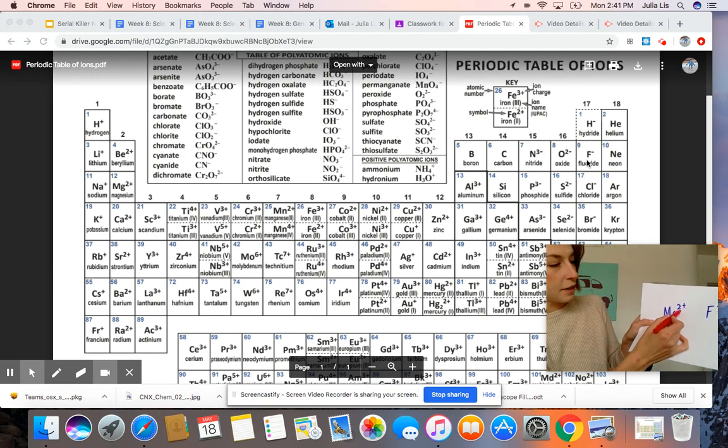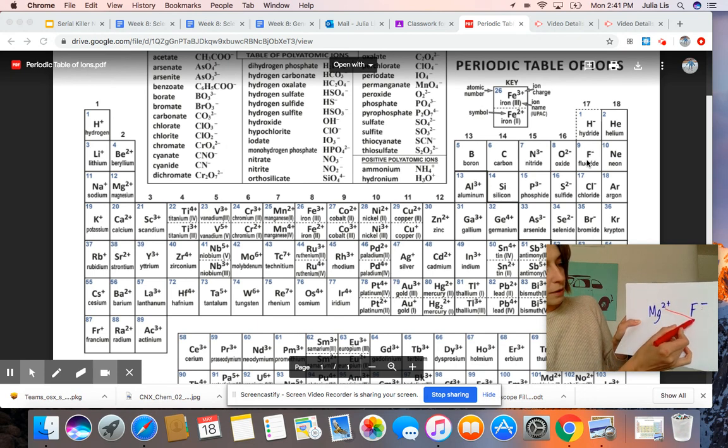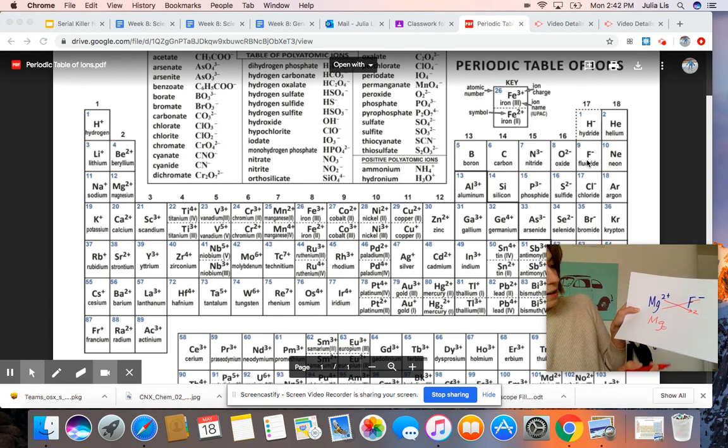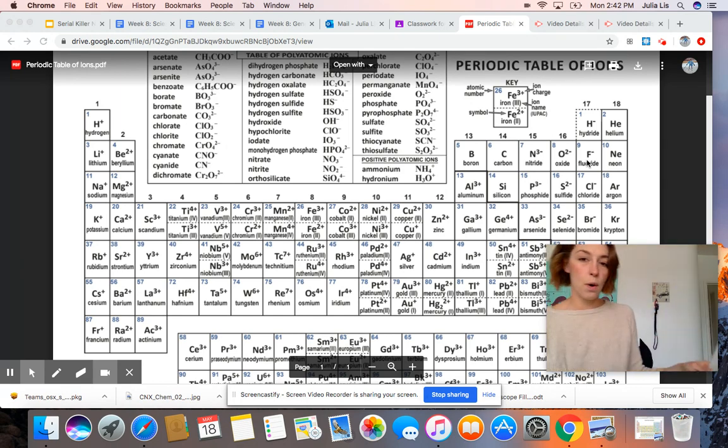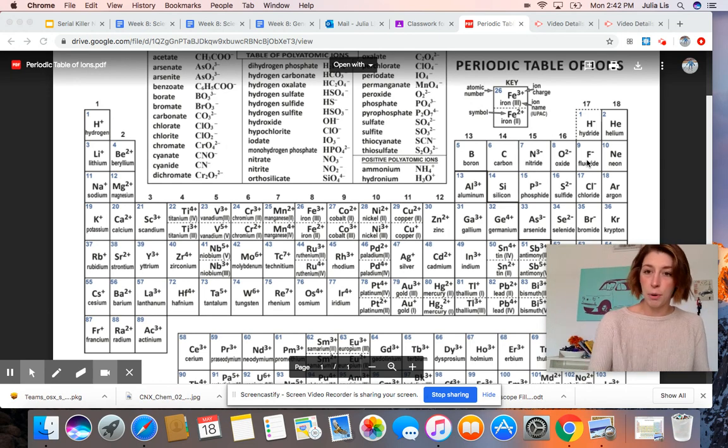What you're going to do is take that 2, drop it over here, take this 1, drop it over here, don't write 1. And when you bring this together then, you have Mg with an invisible 1 there, and fluorine now with a 2. Okay? So that would also work. If you write the ion charges of both your elements and then drop their charges, you don't keep the pluses or the minuses, just the numbers, you'll be correct. Okay?